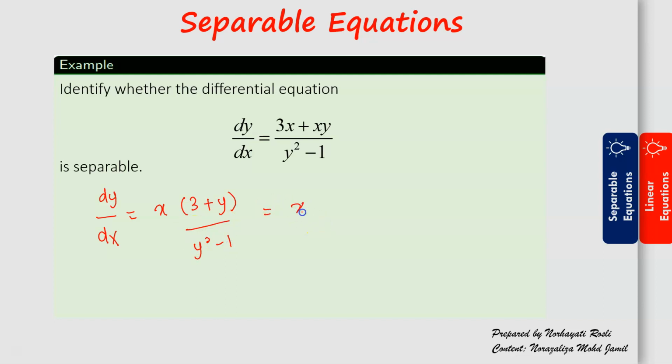So I have here x times 3 plus y divided by y squared minus 1, whereas this one is my gx and this one is my hy. So I can say that it is a separable equation. So this class is how you can identify whether that differential equation is separable or not.